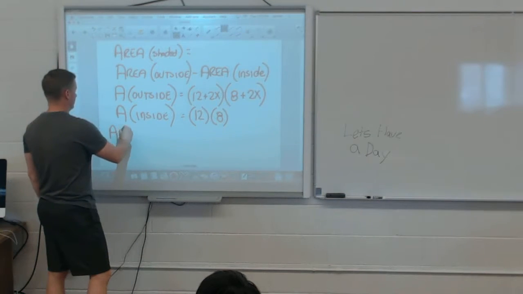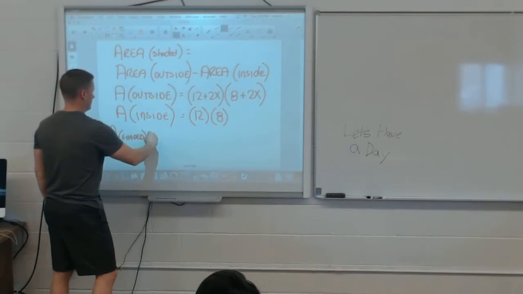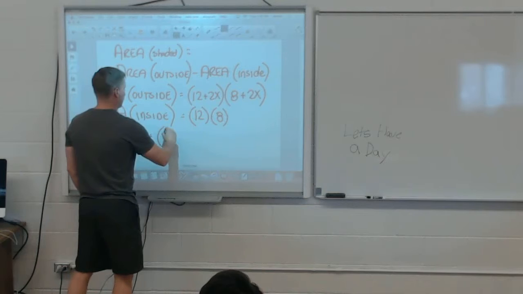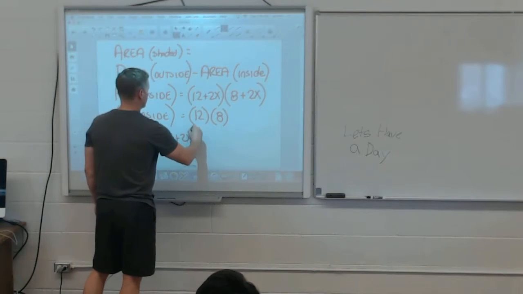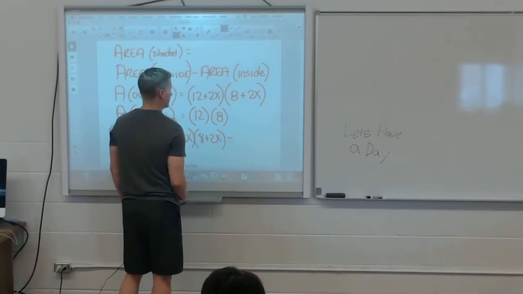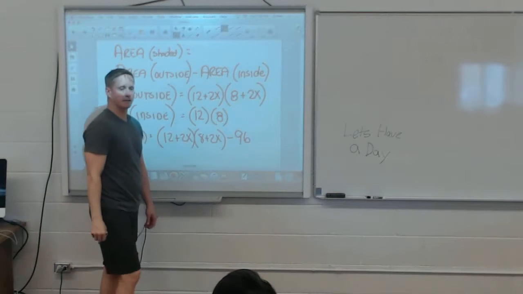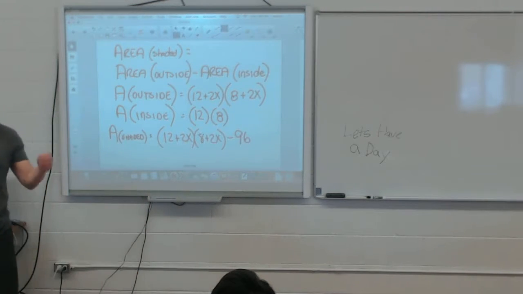So my shaded area is equal to 12 plus 2x times 8 plus 2x minus 96. Agreed? All right, does it tell me what the area of the shaded is? I think it does. 44.